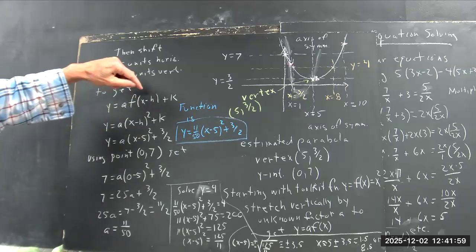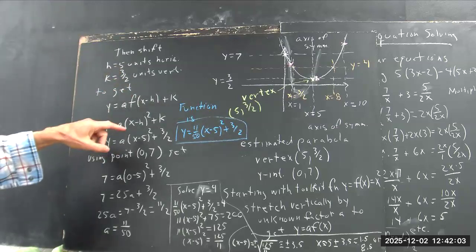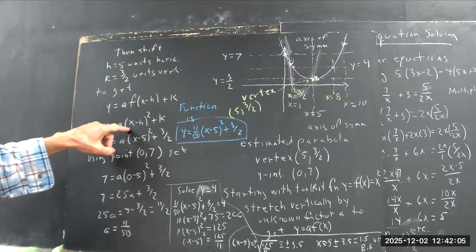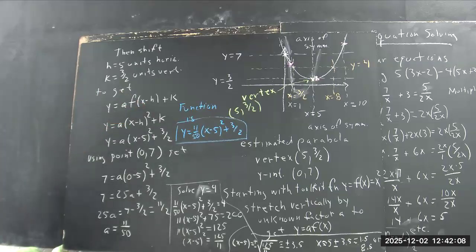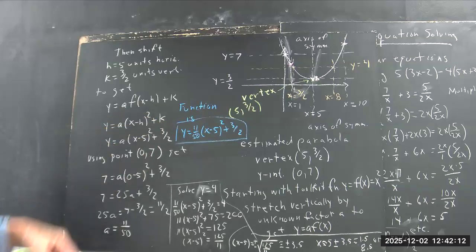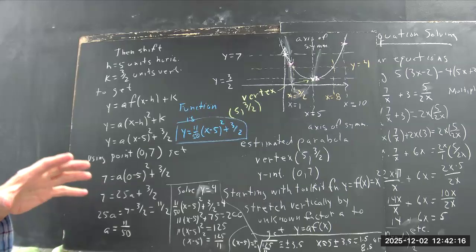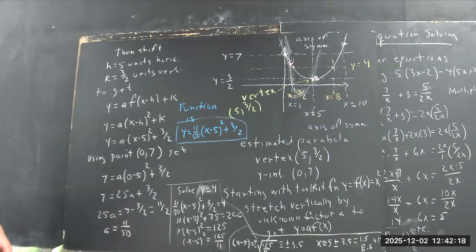So we have y equals A f of (x minus h) plus k, where f of x is the toolkit function, so that f of (x minus h) is (x minus h) quantity squared. We get y equals A times (x minus h) quantity squared plus k. There's one of our standard forms called the vertex form of a quadratic function.